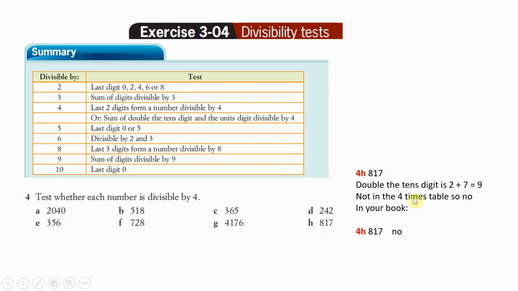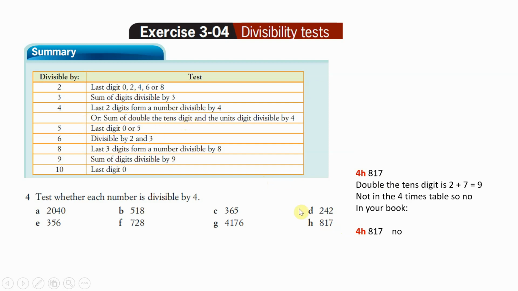That equals 9. 4 does not go into 9. It's not on the 4 times tables. 4 times 2 is 8, 4 times 3 is 12. So 9 you can't divide by 4, and so this one you also can't divide by 4. Let's run that one again. We're looking for divisible by 4.